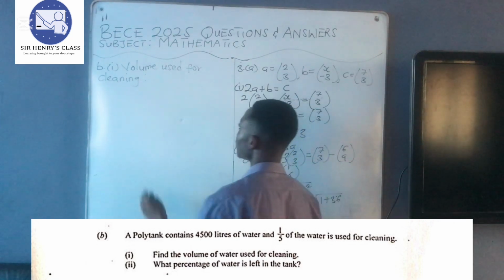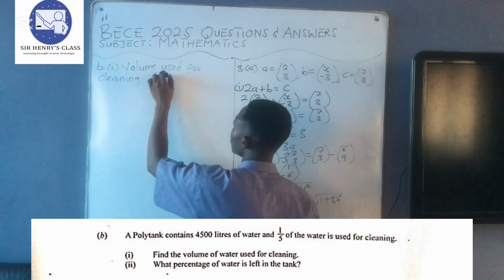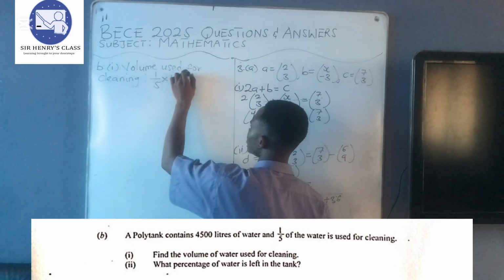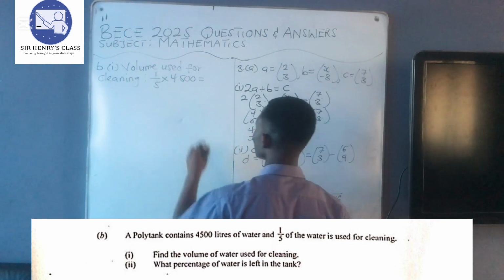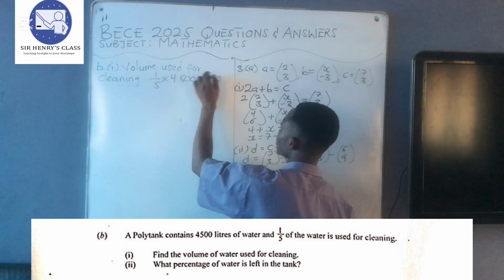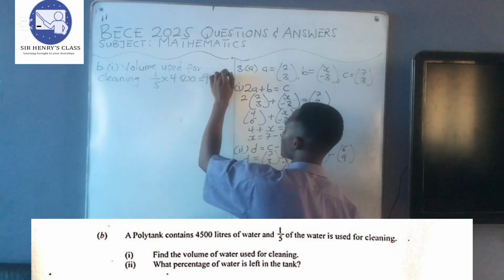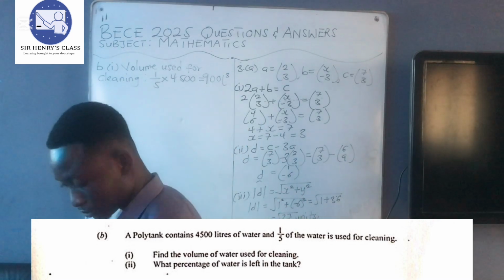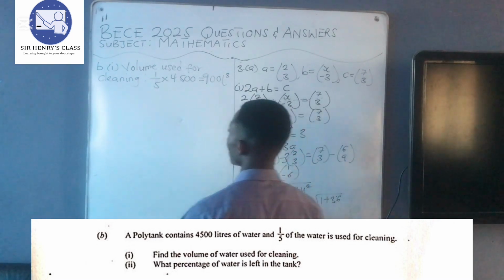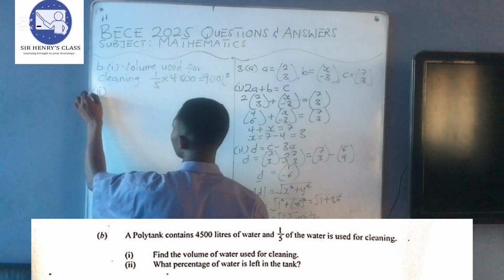There was a fraction given, so 1/5 of the total volume, which is 4,500, was used. Simplifying this is going to give us 900 liters. That is for part I.